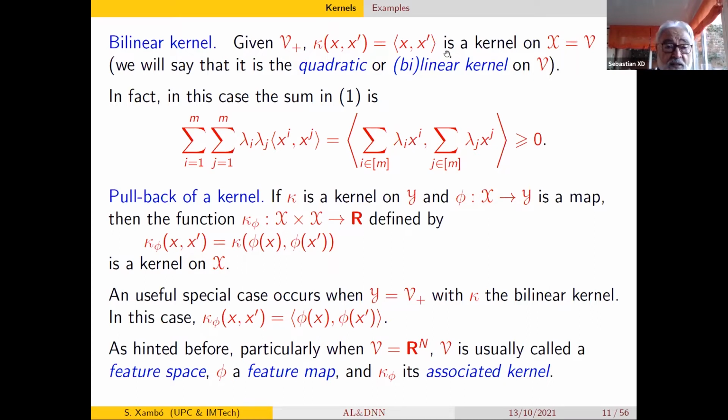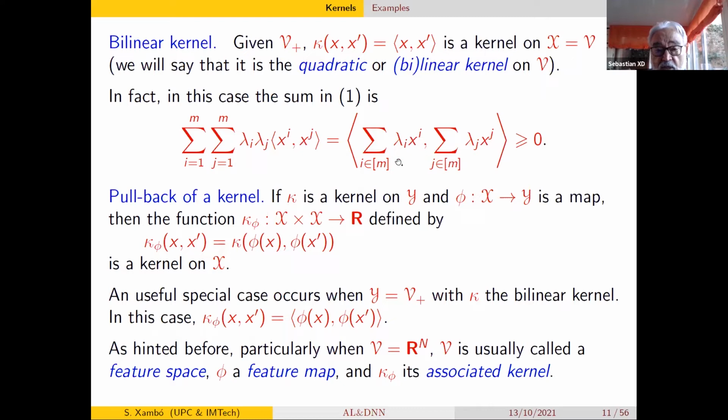Well, this fact, the fact that this is a kernel, which is to check that the sum is non-negative, is very easy. Because if you take that sum for all i and all j, but now the kappa is already this inner product, then because of the bilinearity of the inner product, it can be rearranged as a sum of lambda i x upper i, which is here, and lambda j x upper j, which is here.